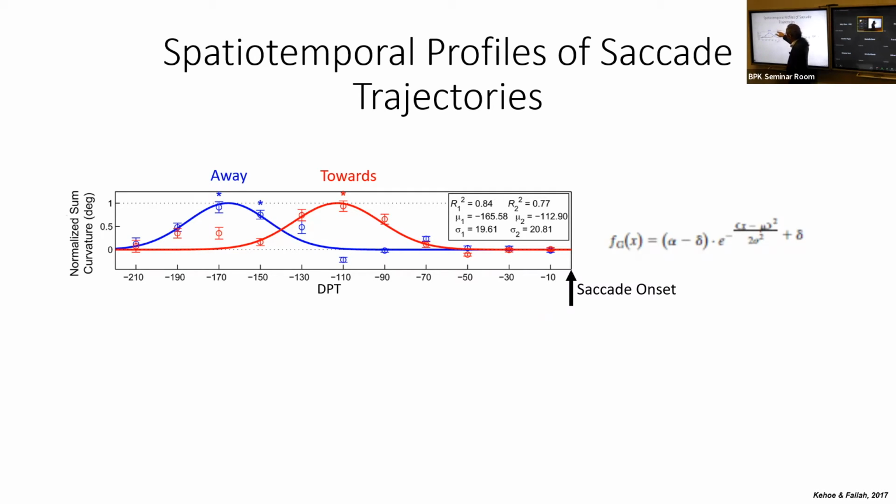We can see that when there is a short period of time between the distractor onset and the saccade onset, so the distractor processing time is short, it's attention grabbing, it's attentional capture, and that attentional capture drags the curvature of the saccade to the target towards the distractor. You want to look at the distractor while you're trying to go to the target, so you curve towards it.